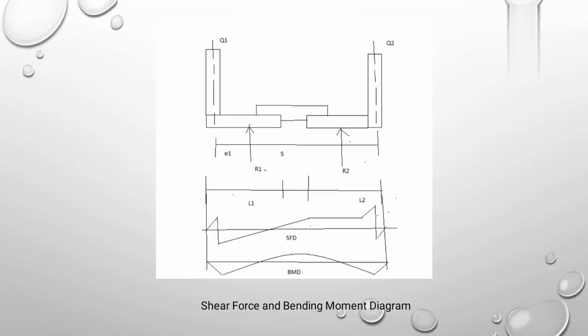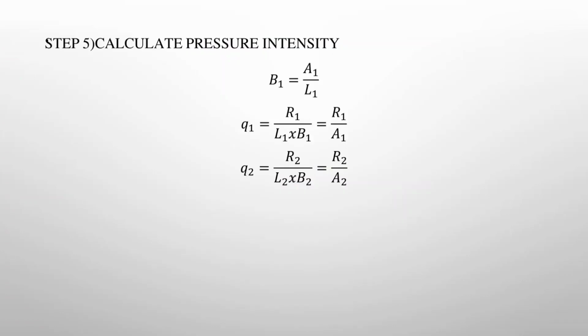This is the shear force and bending moment diagram for strap footing. At the edges the shear force is 0 and the bending moment at the edges is also 0, and the corresponding pressures are to be plotted and the lines drawn. In strap footing, B2 is calculated as B2 equal to A2 divided by L2, or B2 equal to root of A2.